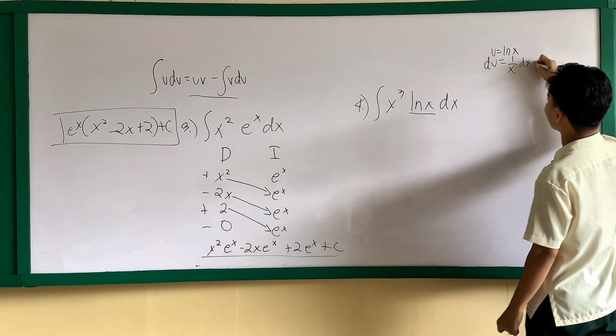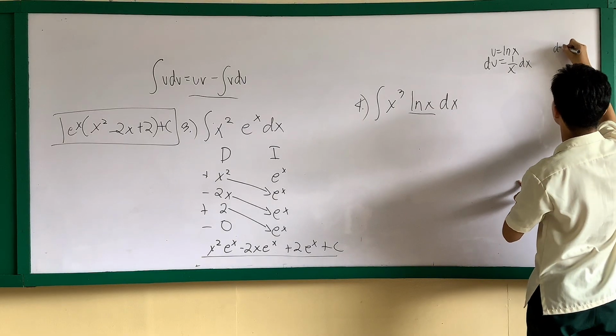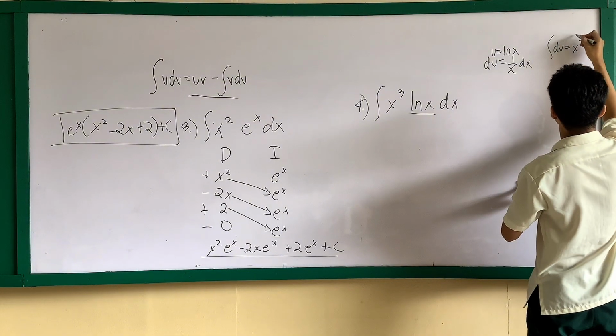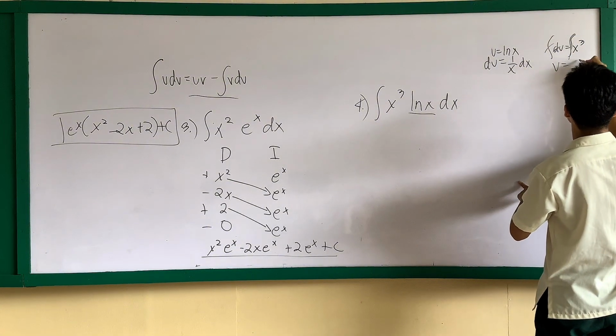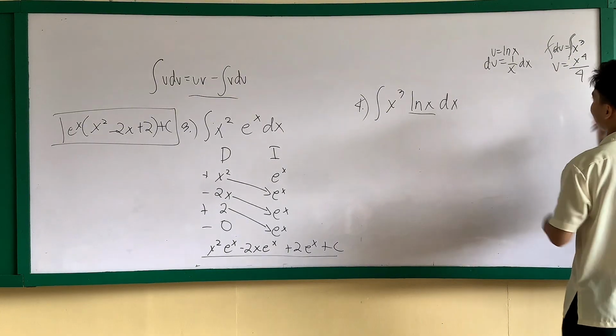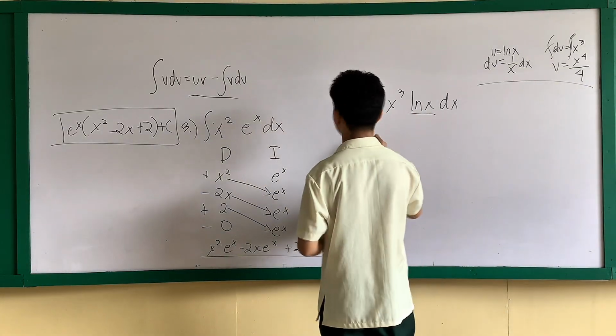Now we're going to let x cubed equal to dv, and integrating it, v is going to be equal to x to the fourth over 4. So now let's substitute this to our formula.